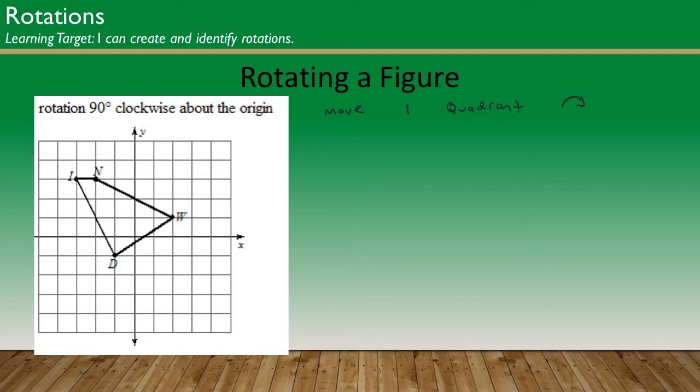Let me start with I, and that is originally -3, +3. N is at -2, +3. W is 2, 1, and D is -1, -1.